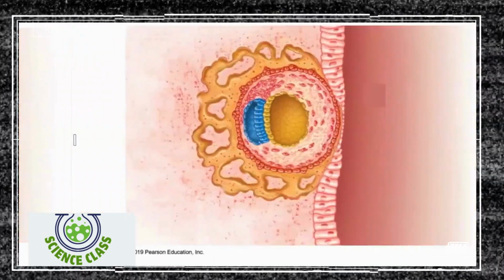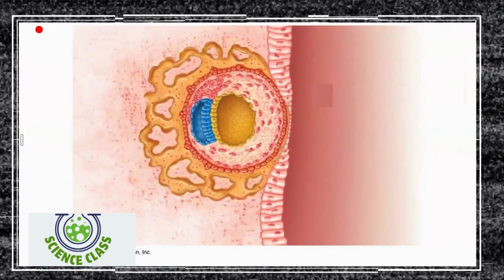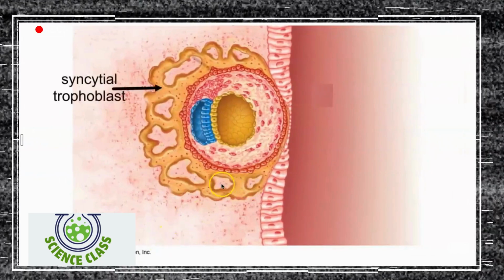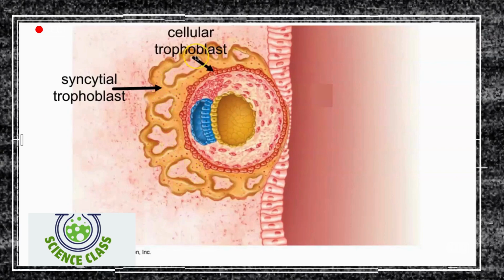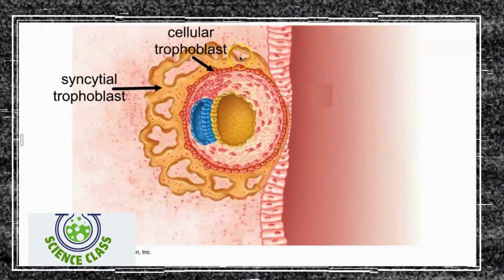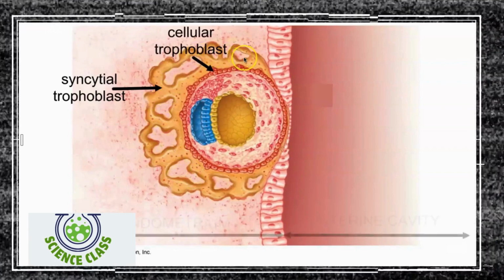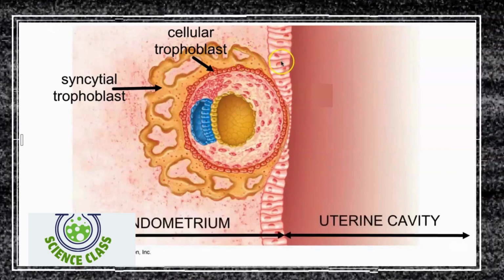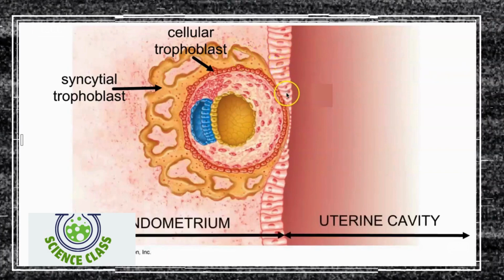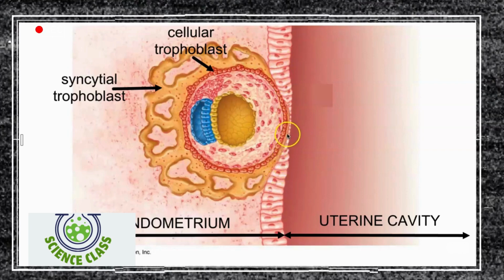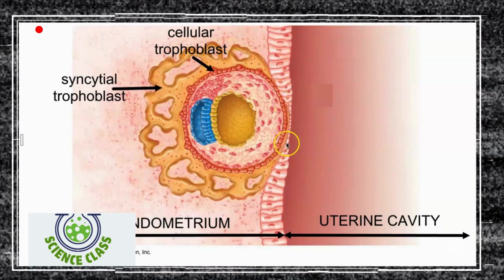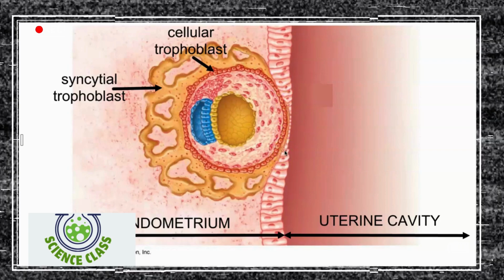As implantation proceeds, we can see that the syncytial trophoblast and the cellular trophoblast continue to grow, and implantation is not complete until the conceptus is completely buried within the endometrium. Here we can see some of the surface epithelium from the endometrium starting to regenerate or cover the tracks where the conceptus entered the endometrium.